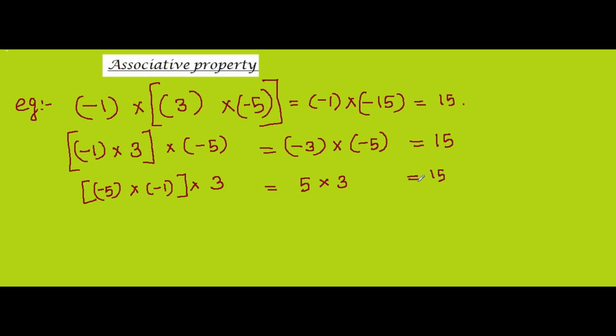So when you change the grouping, the product remains the same. So associative property is saying that when you consider any three integers a, b and c, then (a times b) times c equals a times (b times c).